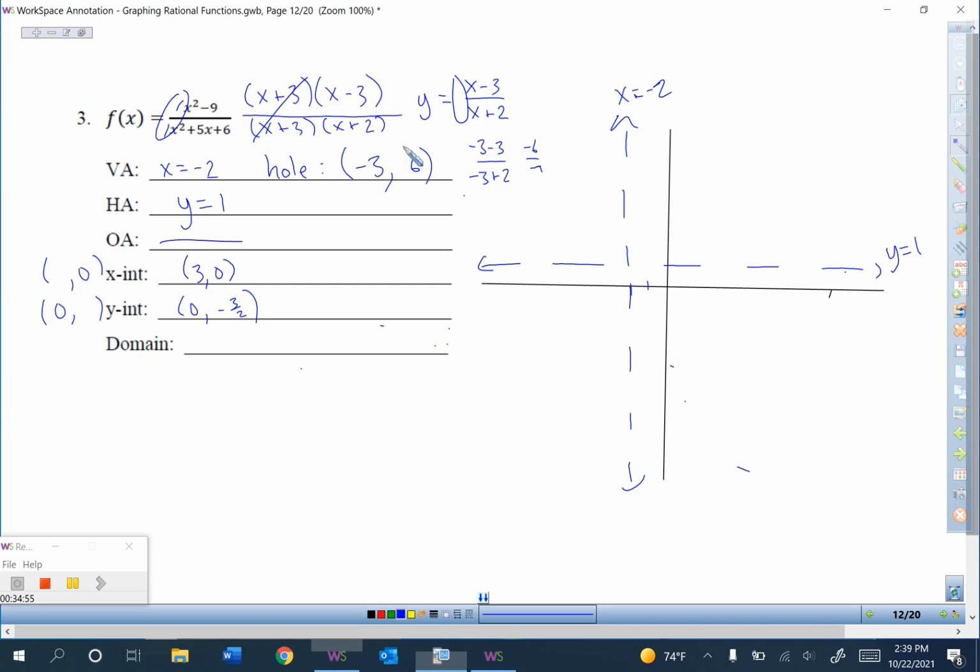And then we want to include the hole as one of our important points, not just the intercepts. We just have to make sure that one's open. So at negative 3, 6, we're putting an open dot and labeling it.